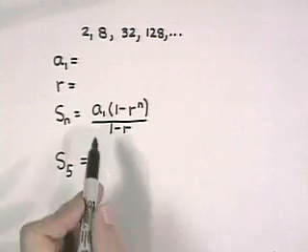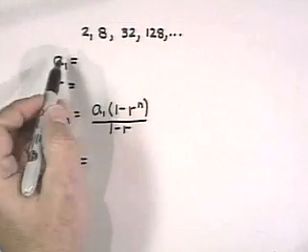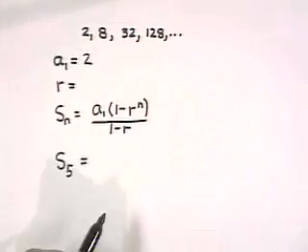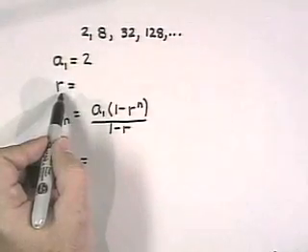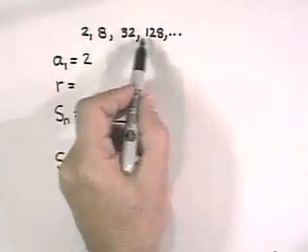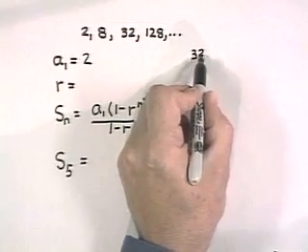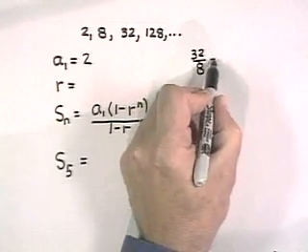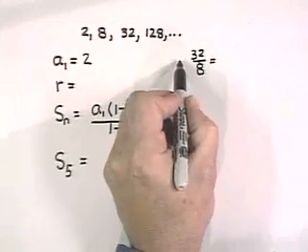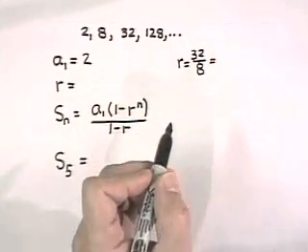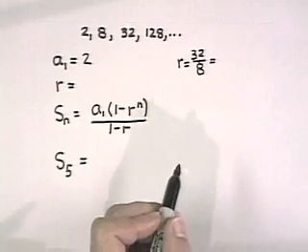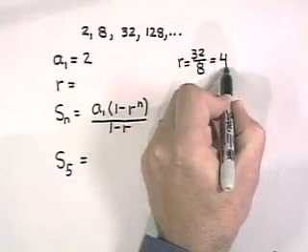In order to use the formula, we know that a1 is 2. Now we need to find out what r is. We can take any two of these given entries. How about if we take 32 and divide it by 8, and find out that r, in this case, turns out to be 4.